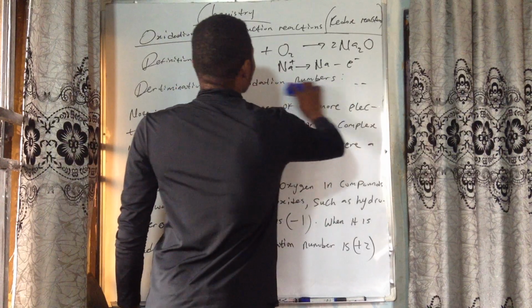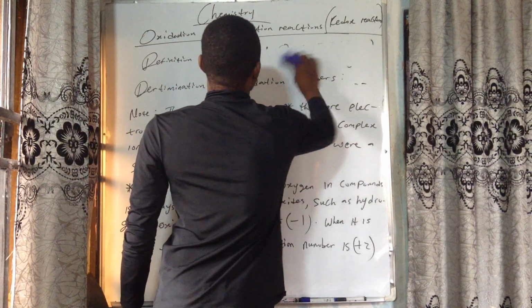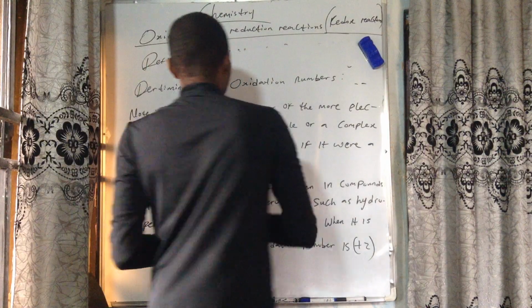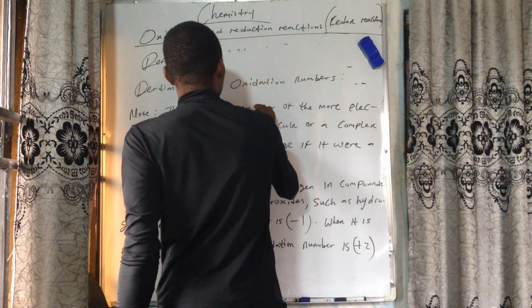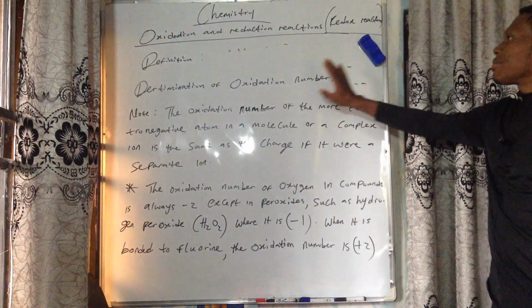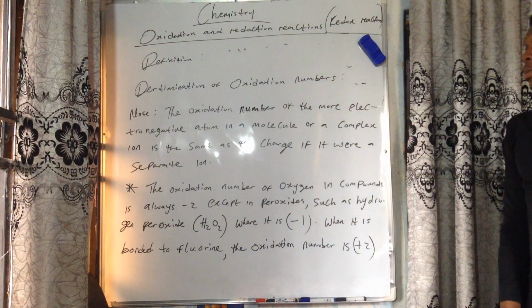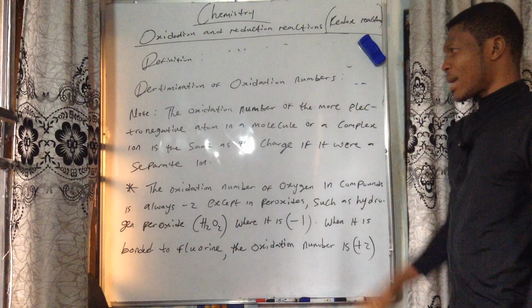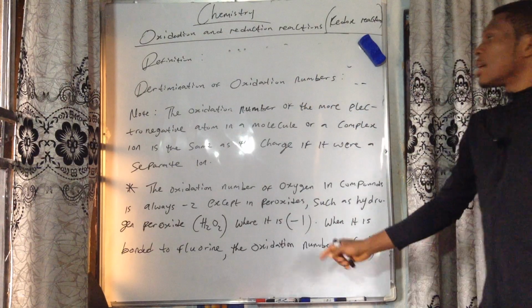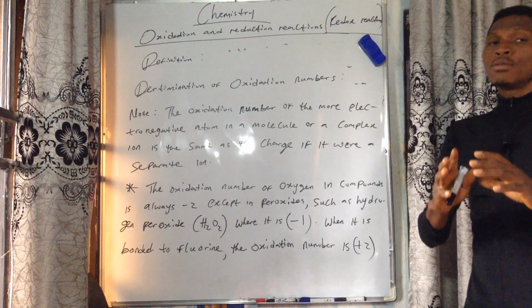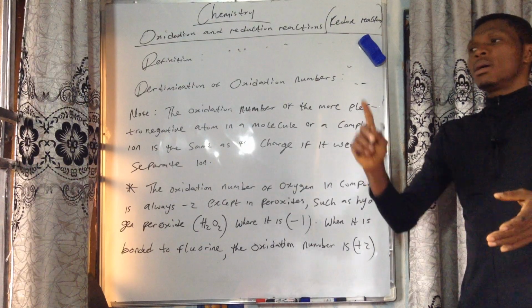Now you see what we have on this board. After defining oxidation number, you go to determination of oxidation numbers. In determining oxidation numbers, there are a few points you must know.